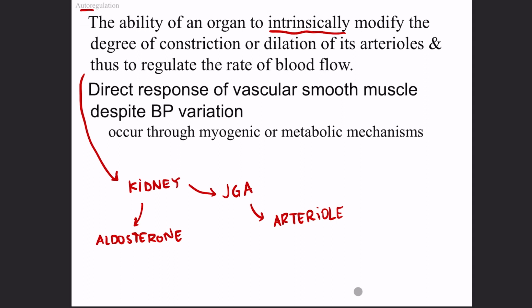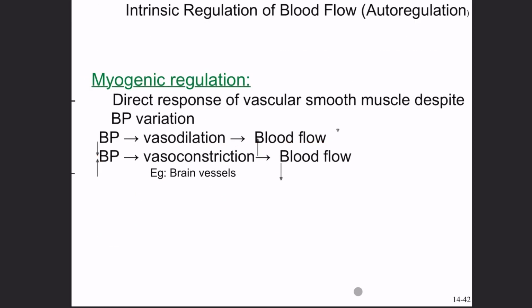So this can happen in this example, this would be a myogenic mechanism, but in other examples, it could be myogenic or a metabolic mechanism. So an example of myogenic regulation is with vasodilation and vasoconstriction of your blood vessels. And a good example of this would be in the brain.